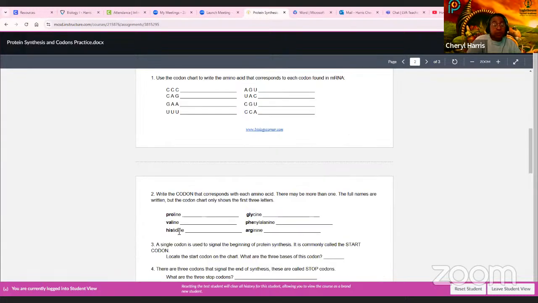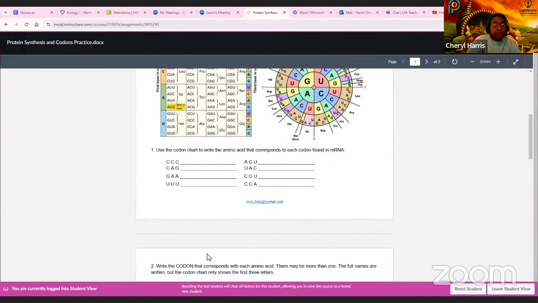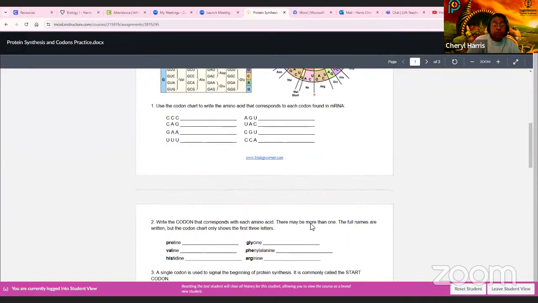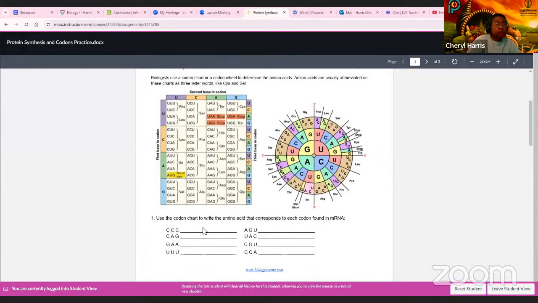The second one, they gave you the amino acid and you had to take, for example, the word proline, come up to the chart, scan through and see where you saw P, and they highlighted the first three initials because that's what's on these charts. But like you saw in the video, most charts, if it's a bigger chart, will have the word written out in full.